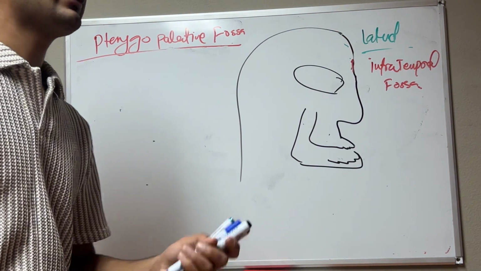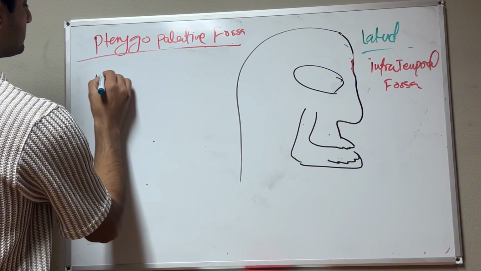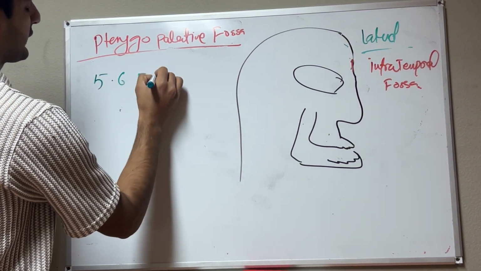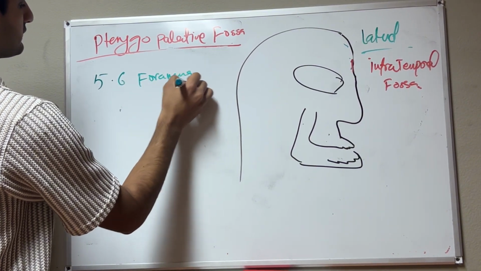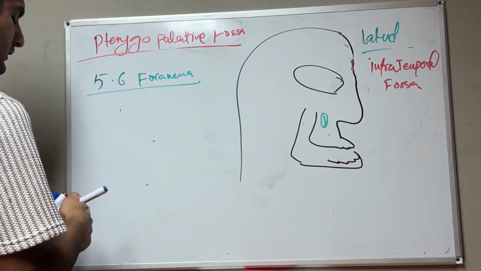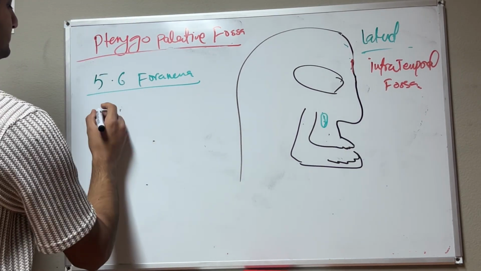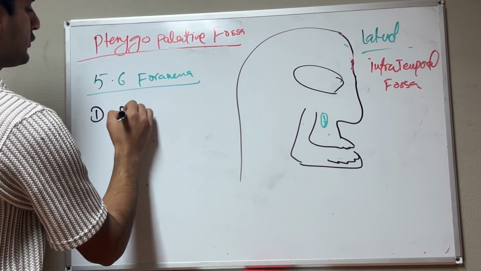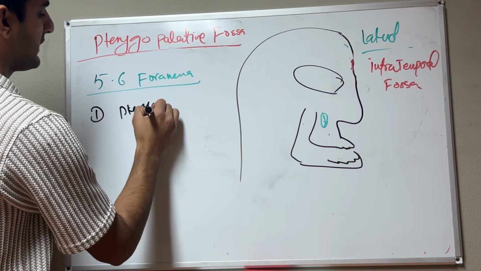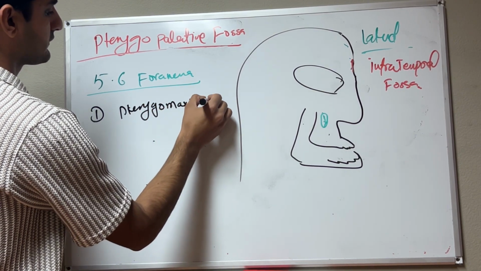Okay, so they have 5 to 6 foramina in the pterygopalatine fossa. The first one we have is the pterygomaxillary fissure.